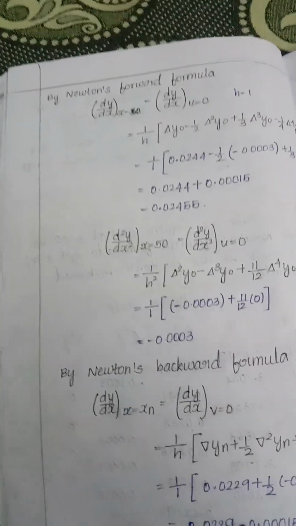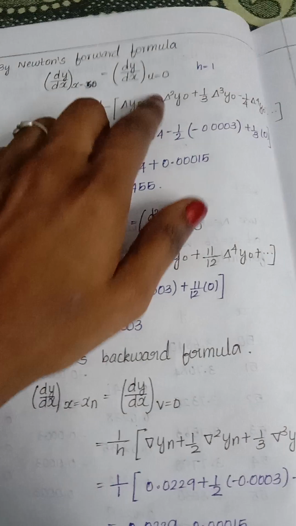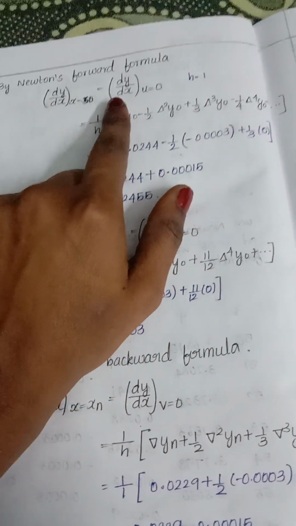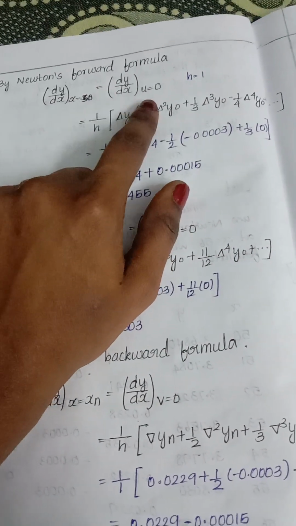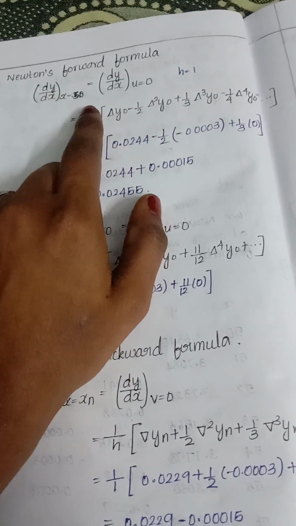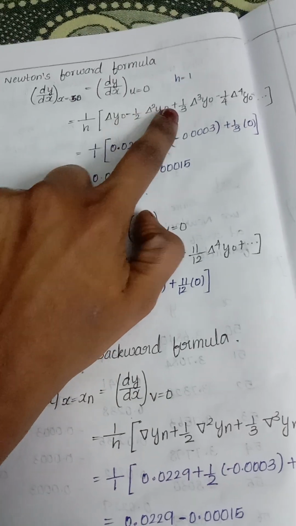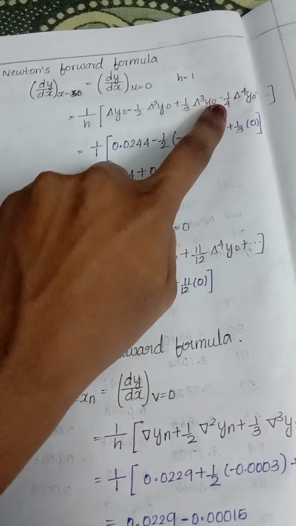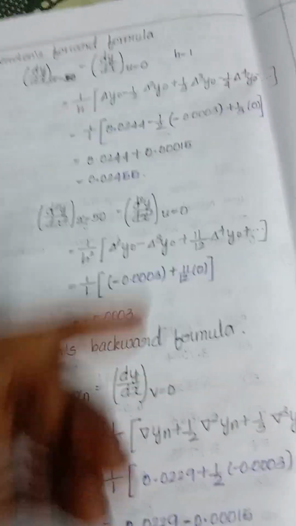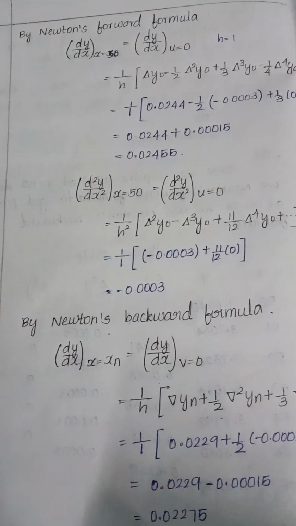Here x and x naught are the same, that is 50. So we use this formula for dy by dx with u equal to 0: 1 by h into del y naught minus 1 by 2 del square y naught plus 1 by 3 del cube y naught minus 1 by 4 del power 4 y naught. This is Newton's forward formula where u equal to 0.